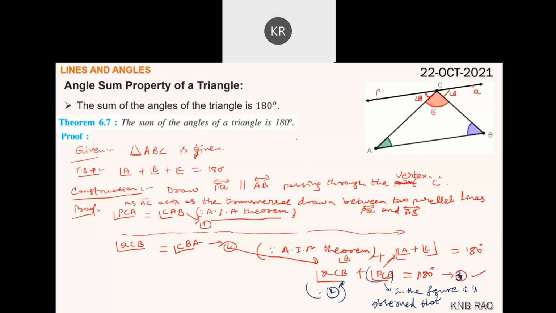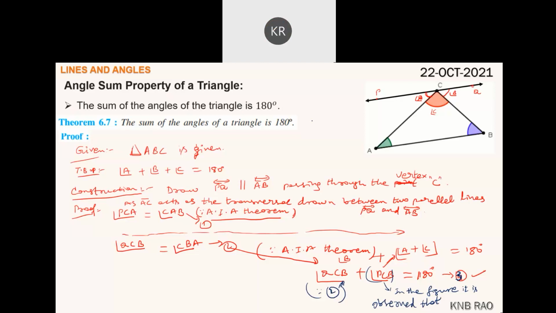If the sum of a three-sided enclosed figure is 180 degrees, then the figure is a triangle.